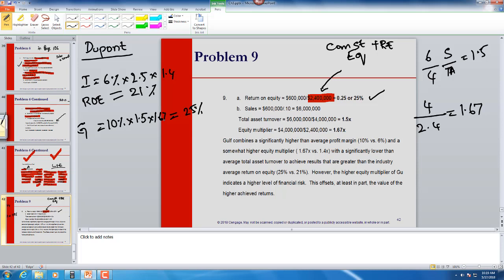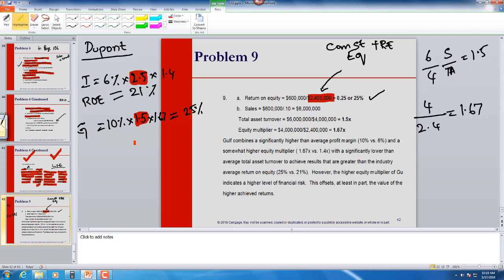Now we need to compare. First of all, unlike Drake that we saw earlier, Gulf is doing better than the industry average. But is there any scope for improvement? There is. Look at this. You're making 1.5 here. The average in the industry is 2.5.